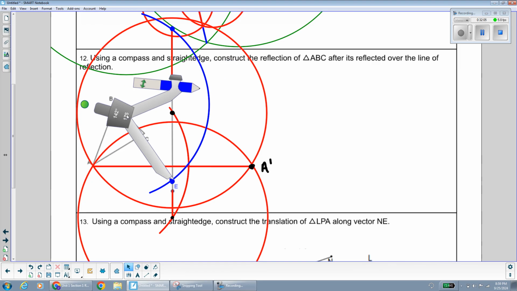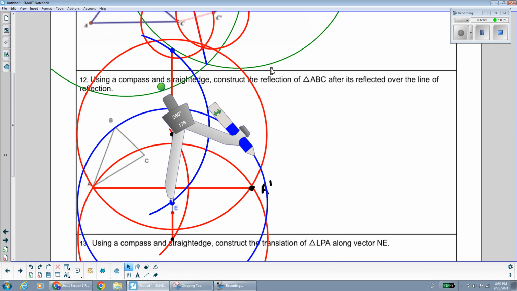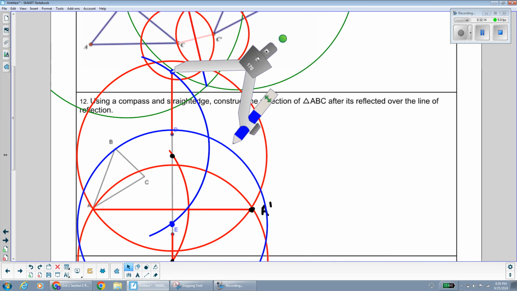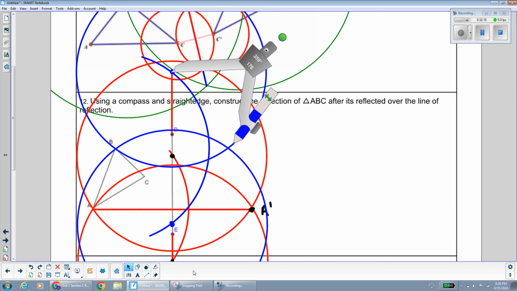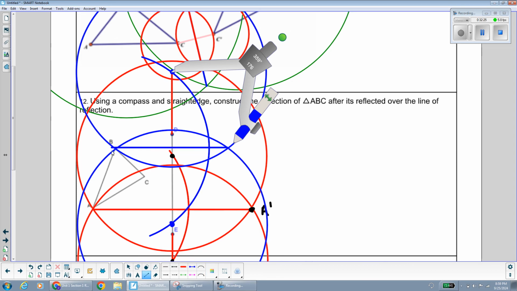I'm going to go over to one of those intersection points, swing the circle. Then, without changing my compass distance, other intersection point, swing the same circle. Right where those 2 circles meet, going to draw it in. And that's where B prime should go.